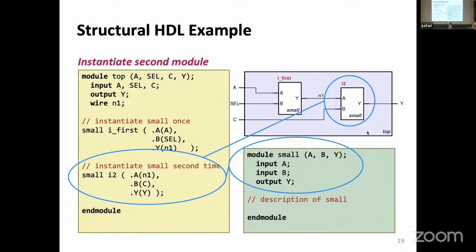And then here I would probably write I_first.Y, right? This is what you wanted. Very good idea, and a lot of people would say, hey, Verilog sucks because you can't do that. The thing that you have to remember is this: N1 is a physical wire. It's a piece of copper in the chip that will be connecting these two together.